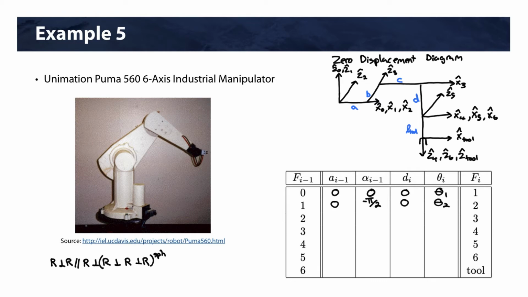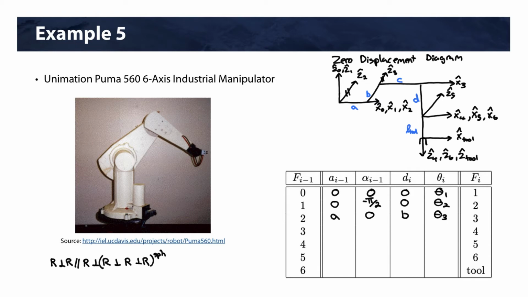Now to go from 2 to 3, you can see we have a number of things going on. Although joints 2 and 3 are parallel, and we should indicate that in our zero displacement, these two are always parallel. We do have these additional offsets. So the distance between Z's is A. They're parallel, so our alpha is 0. There's a distance between X's of B, and then we have theta 3.